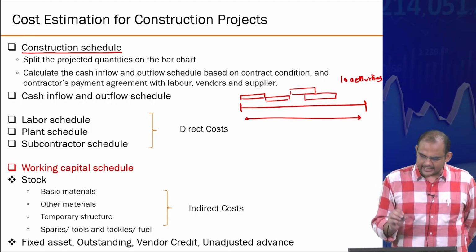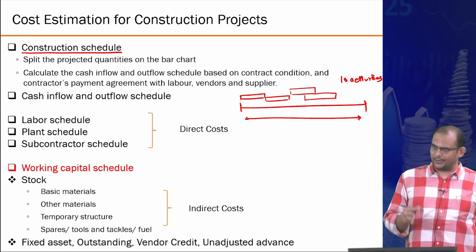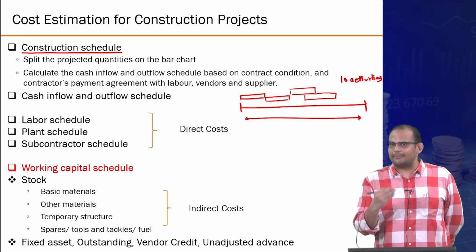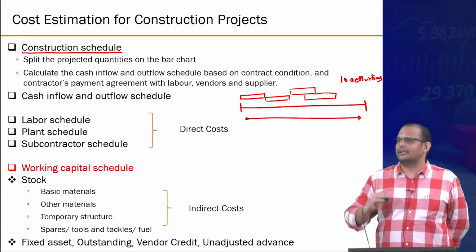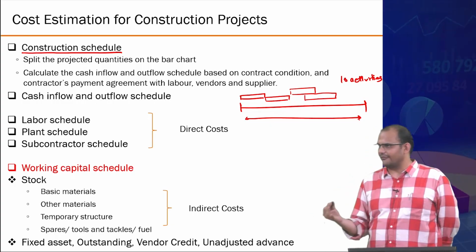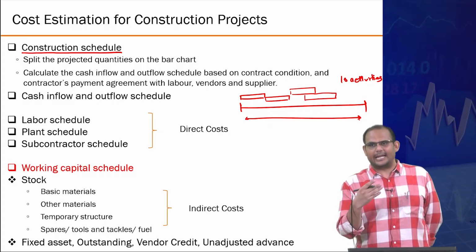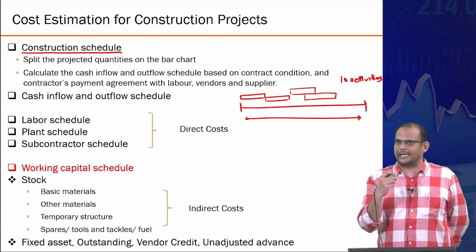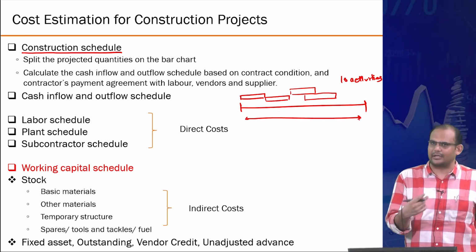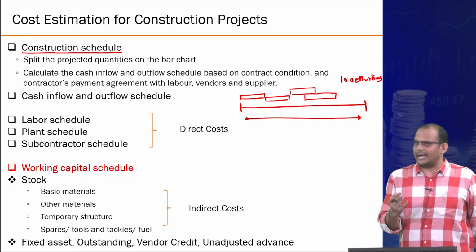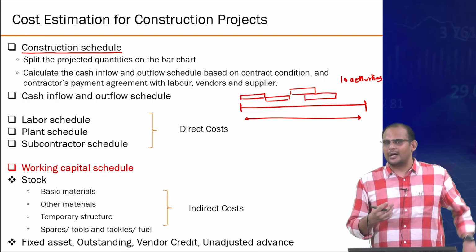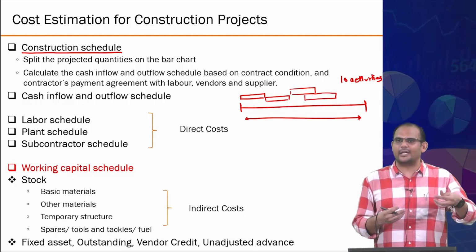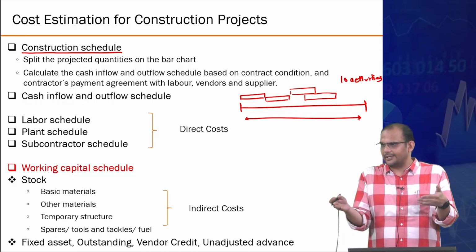But the idea is, once you know the construction schedule, you know the time at which an activity will start and the time at which it will likely finish. And once you know an activity, you know the cost it will take in terms of all the resources required to do that activity. And therefore, you also know how many resources, in what quantity, you will need at what time, right?